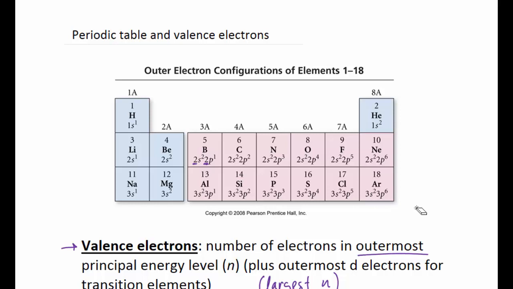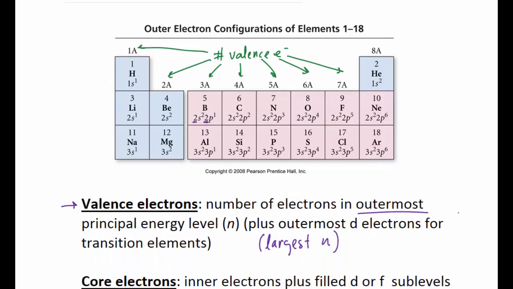So the number of valence electrons just equals the group number for elements in these areas. Number of valence electrons equals group number for what we're going to call S block and P block elements.